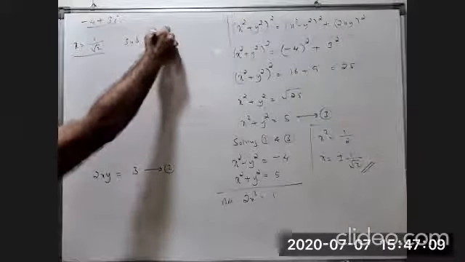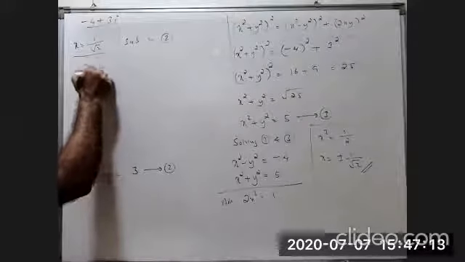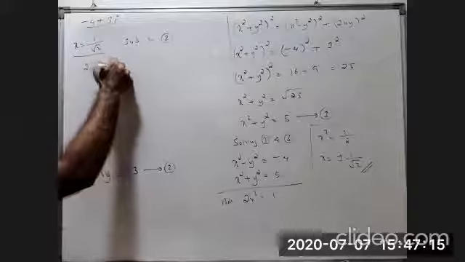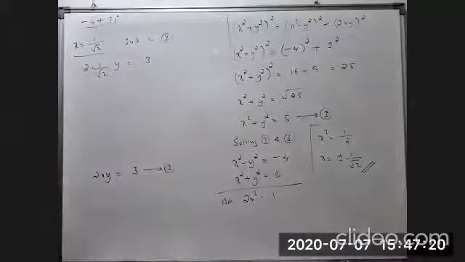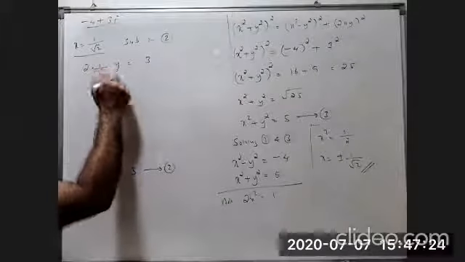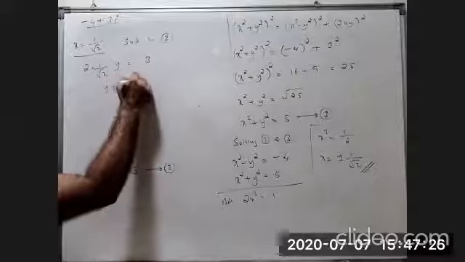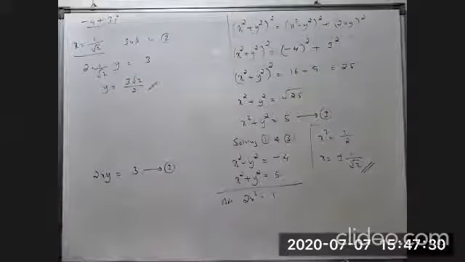Substituting in equation 2, 2 into 1 by root 2 times y is equal to 3. So y is equal to, this root 2 goes up, 3 root 2 by 2.